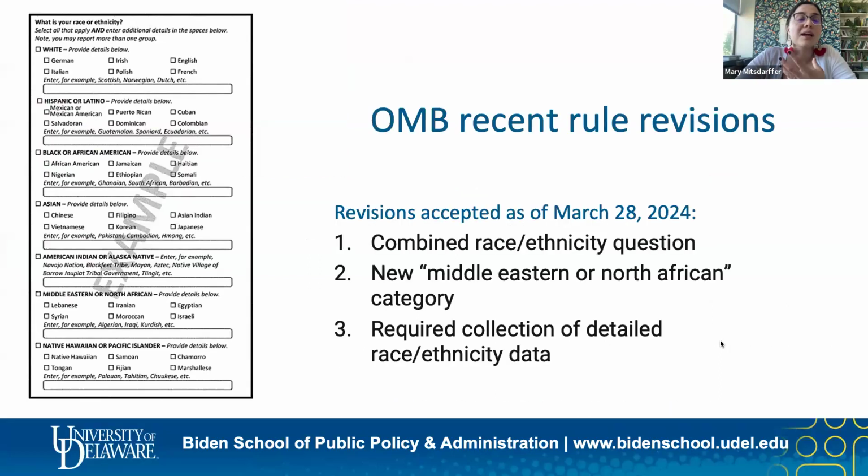And so in 2023, they began to hold focus groups and town halls, and the Office of Management and Budget in January, I believe, of 2023 proposed new rule revisions, which were then passed on March 28th, 2024. And these rule revisions basically said that we're going to combine the categories of race and ethnicity.